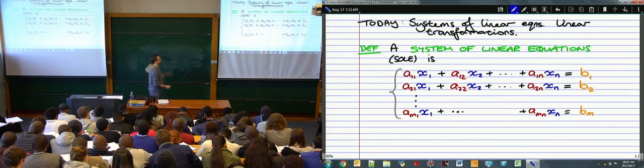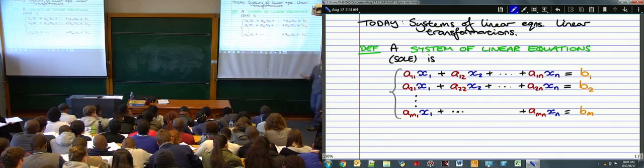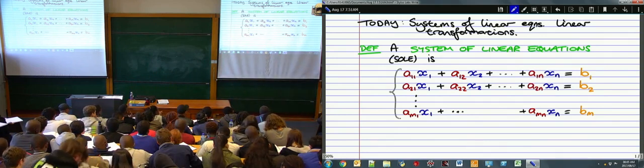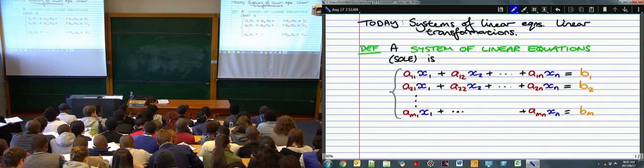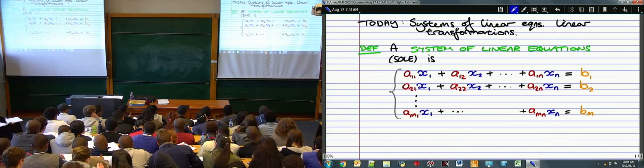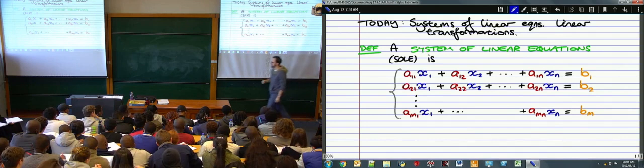And we bundle these all up together and we say we've got to find values of x1, x2, x3, all the way up to xn that satisfy all of these equations at the same time. So this over here is a system of linear equations, and this is a very long-winded way of writing down a system of linear equations.